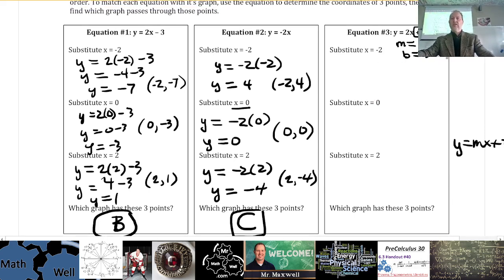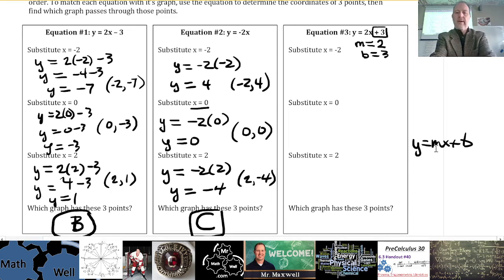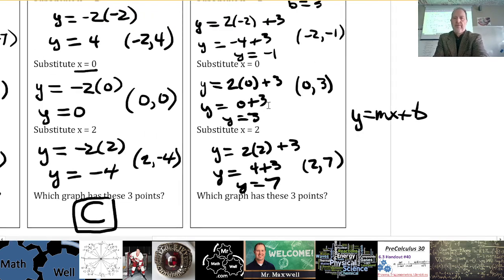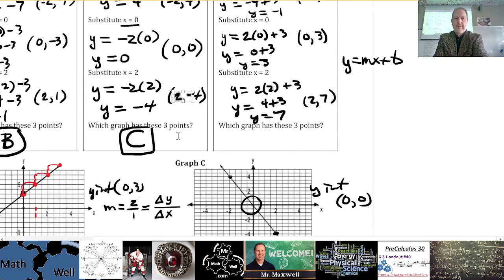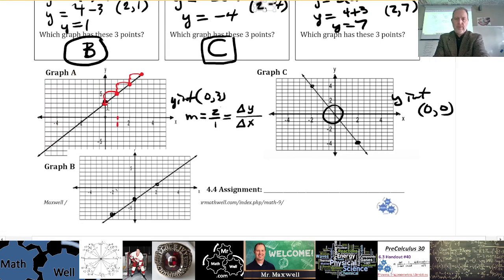Let's just finish this real quickly here. For equation 3, we'll fill in these values real quick. So do these points match up with the graph? -2, -1, 0, 3, 2, 7. Let's see. 0, 3, 2, 7.